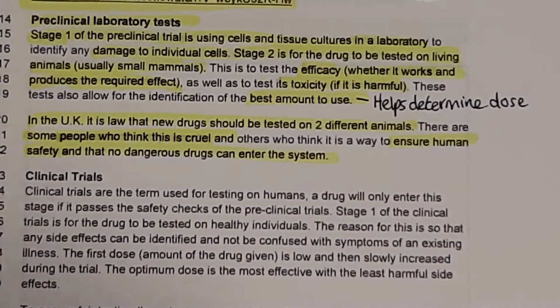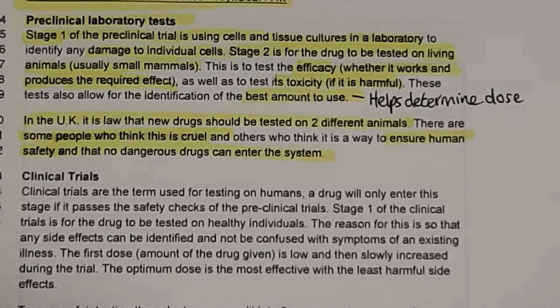So there are a lot of differing opinions on this. Animal testing is something you may well have heard of, but it's also something that at the moment is essential, and we don't really have an alternative to this at the moment. So until we can come up with real alternatives to animal testing, that's the way it has to be done for now.